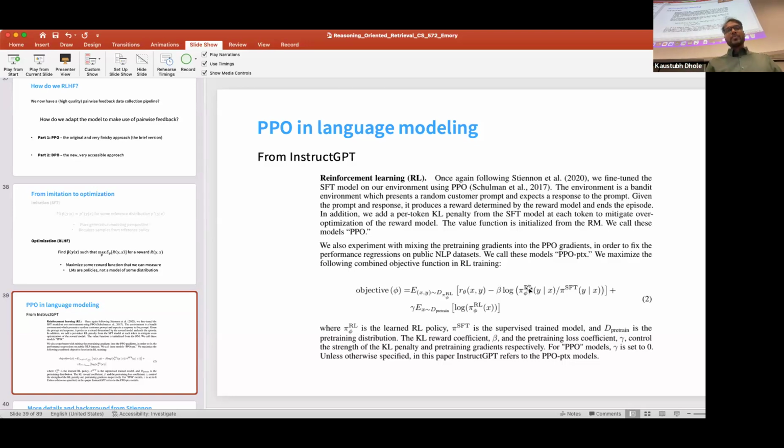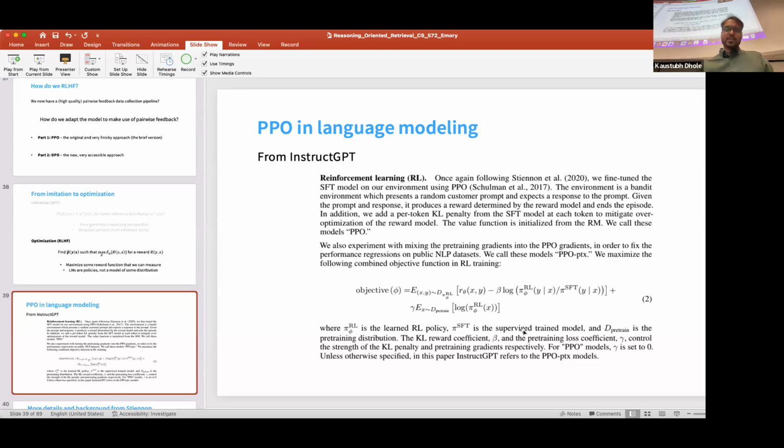We are ensuring that when we train this model and create our RL policy, we don't go far from our original policy, and that is controlled by the beta factor. We do the same for the pre-training data as well. So we ensure that the probability of our pre-training data is also controlled so that we don't have any catastrophic forgetting. So this is how our policy is optimized in the PPO setting.